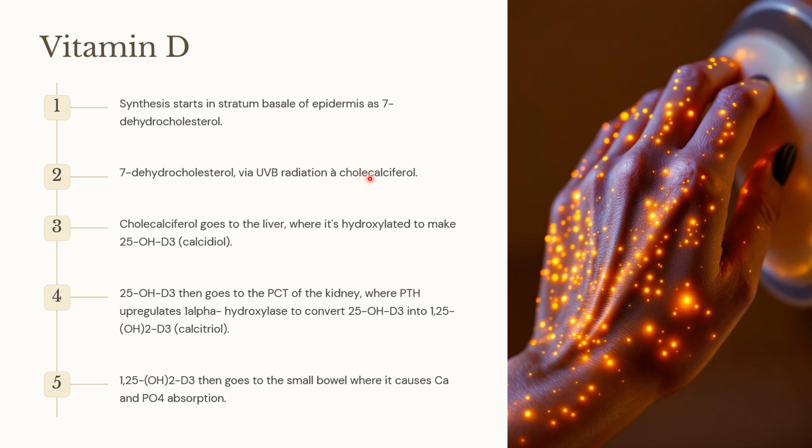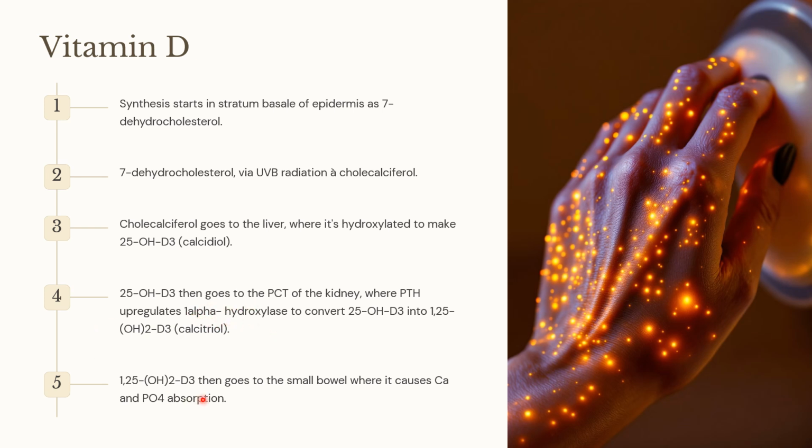This cholecalciferol will first go to the liver, where it will be hydroxylated to make 25-hydroxycholecalciferol. The 25-hydroxycholecalciferol, as we previously saw, will then move to the proximal convoluted tubule of the kidney, where it will be converted to 1,25 dihydroxycholecalciferol by 1-alpha hydroxylase.